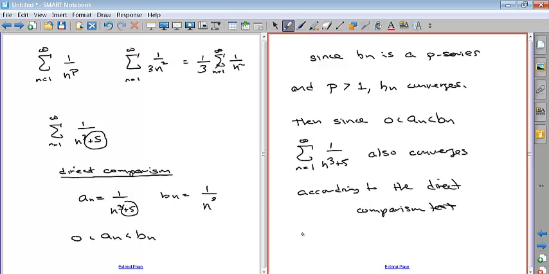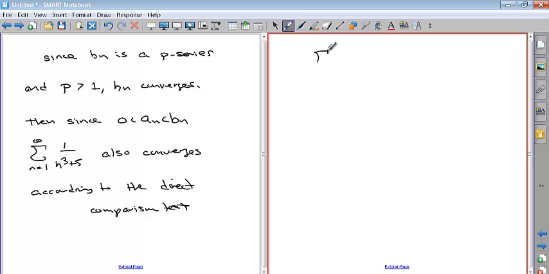Now if this were, let's say instead of adding 5, we subtracted 5, you couldn't use the direct comparison test, because if you subtract 5, then a sub n would always be bigger than b sub n. So the way you would handle that, let's say you have the summation from n equals 1 to infinity of 7 over n cubed minus 3 instead of plus 3.